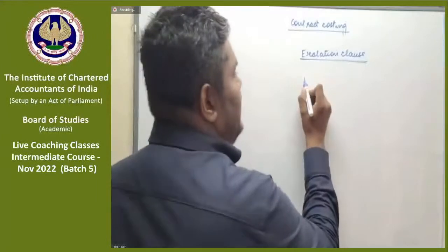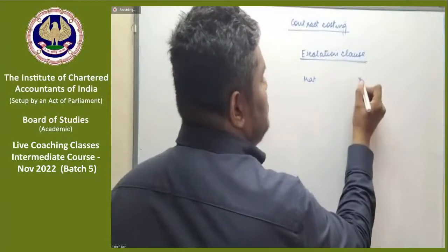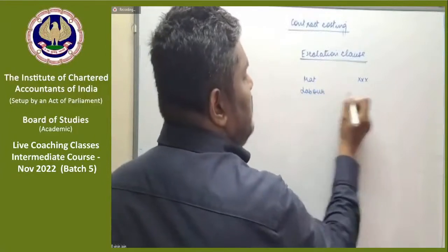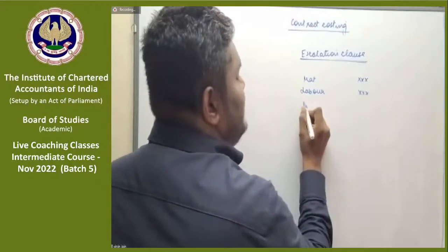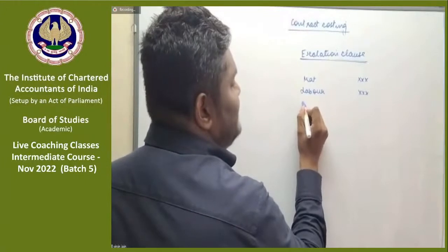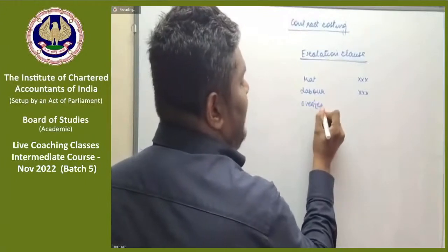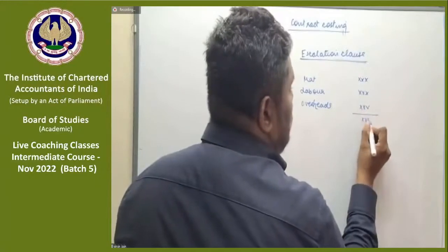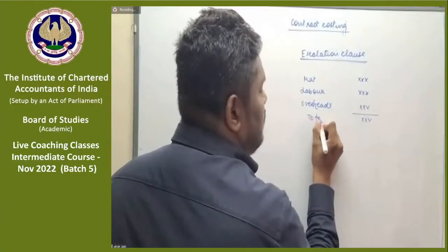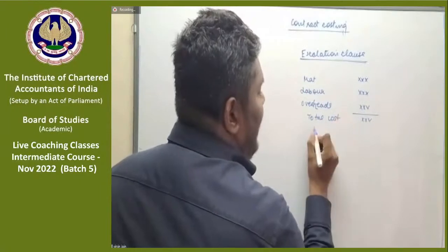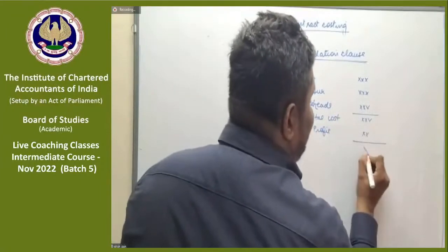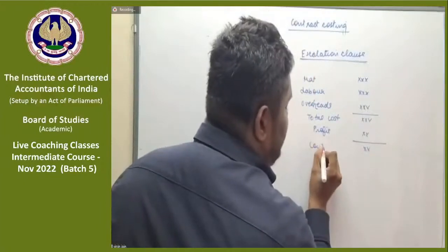He will say that this much material will be required, this much labor will be required, this much extra expenses will be incurred, we call them overheads. This is how he calculates the total cost. He adds certain profit to get the final amount, that is the contract price.